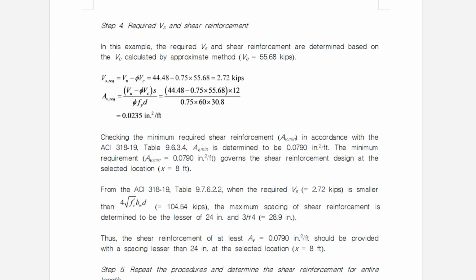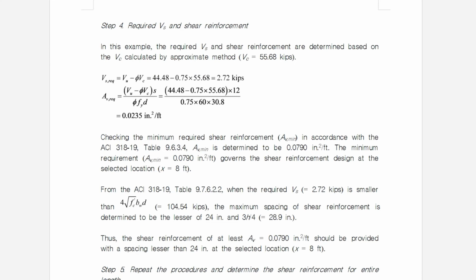In that region, 8 feet from the end. So you got to do this practice for the entire section. Also, this required VS is smaller than 4.